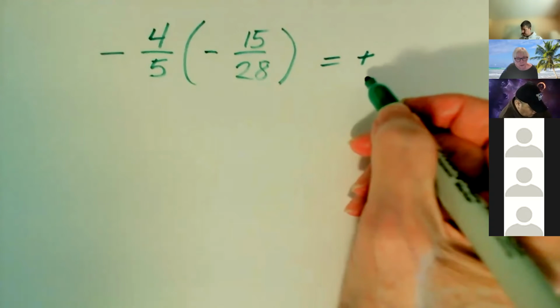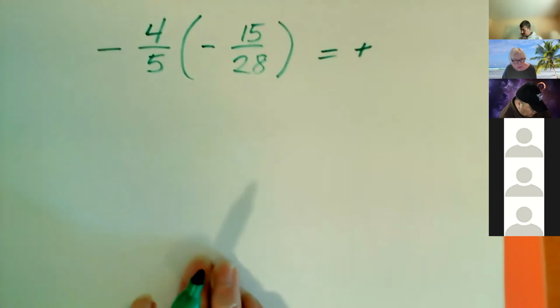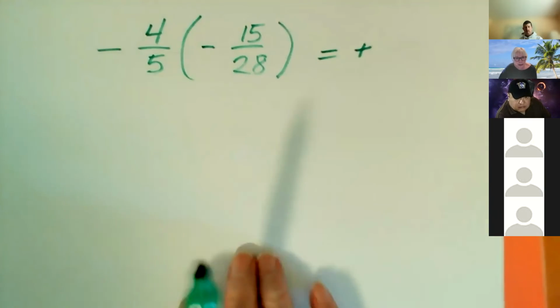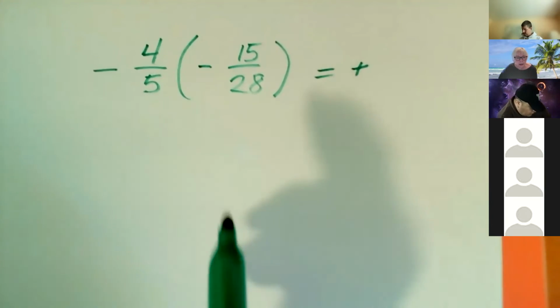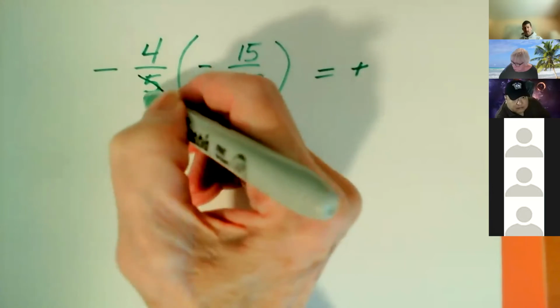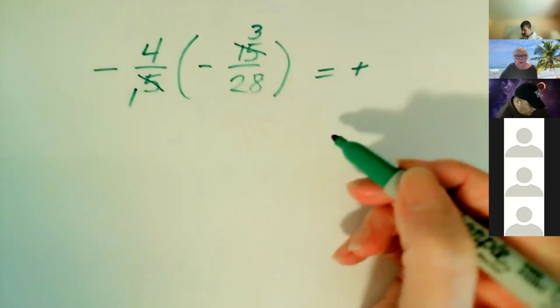Establish that straight off the bat, and then you don't have to worry about the sign. So it's really 4/5 times 15 over 28. The 4 and the 15 can reduce: 5 into 5 once, and 5 into 15 three times.